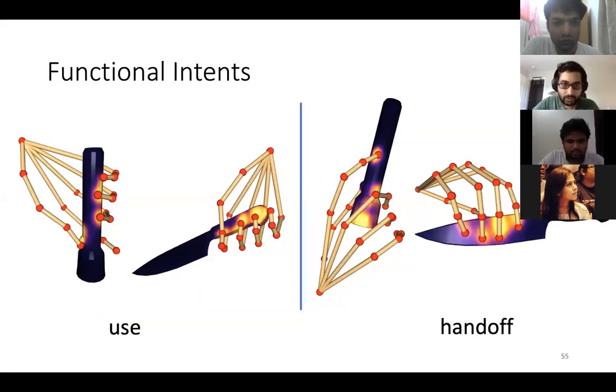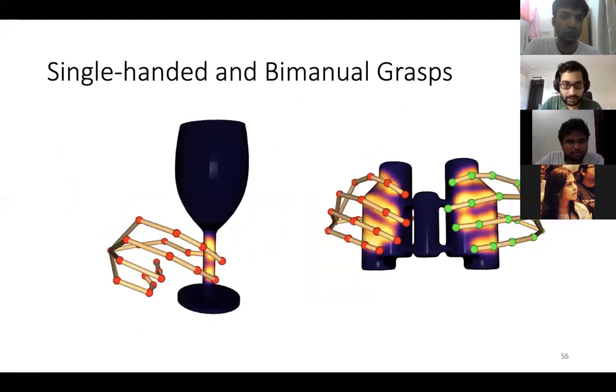So using that whole process, we can get the contact maps, as I mentioned before, and the hand joints. These are just some examples. Again, we see the functional intent really influences how people grasp objects. We have single-handed grasps, and we have bimanual grasps. I think this is one of the few data sets which has bimanual grasp data.